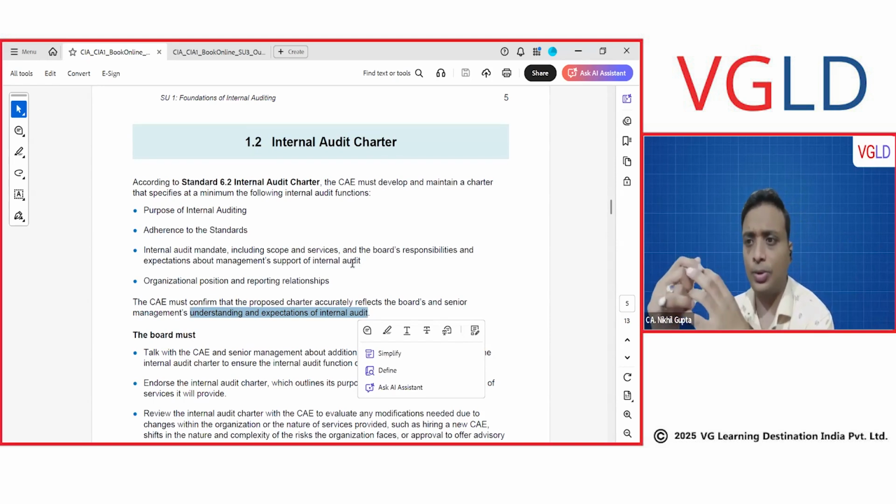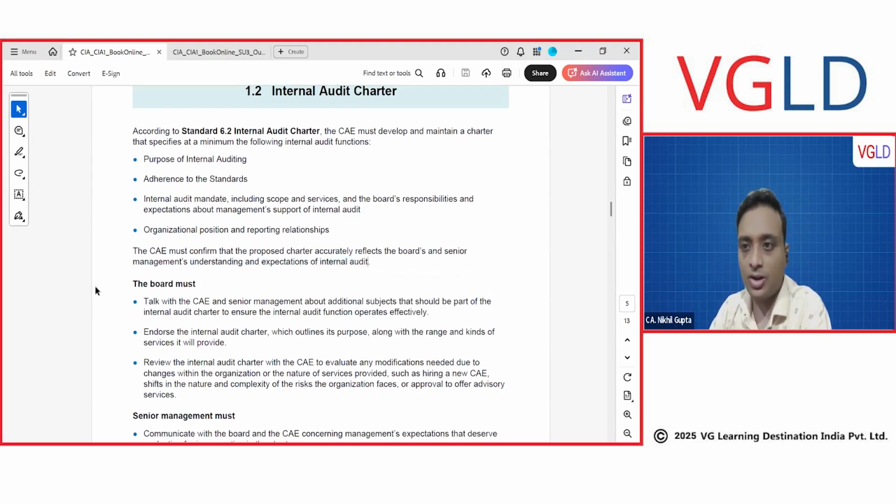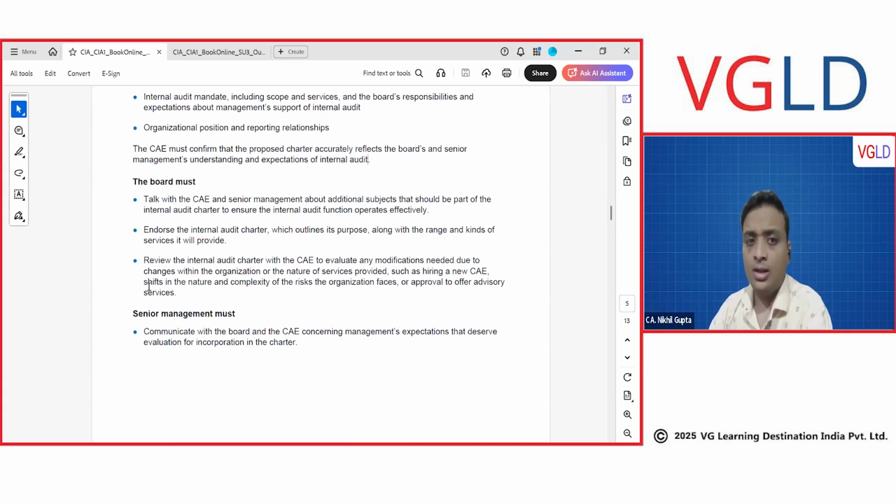Is there a restricted scope or a wider scope for the audit work? So this is something which the CAE confirms, that the proposed charter accurately reflects the board's and senior management's understanding and expectations of internal audit.